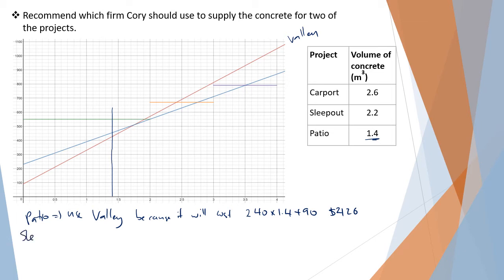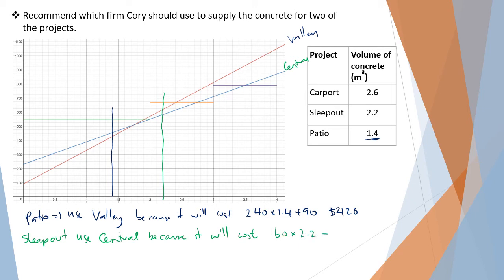For the sleep out, I'll do that in a different colour. The sleep out is at 2.2, so 2.2 is along here. That one was Central Construction. So use Central because it will cost 160 times 2.2 plus 230, which is $582.